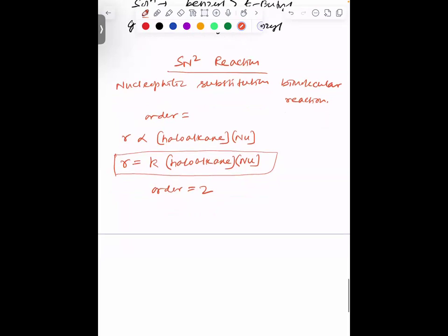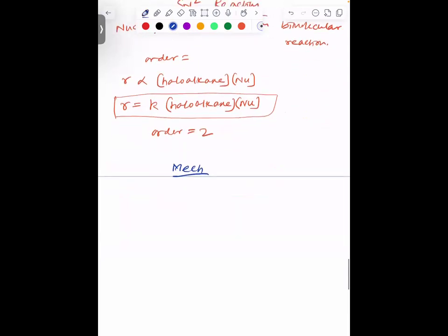Now, SN2 reaction mechanism. If you see the mechanism, it follows a concerted mechanism. So what is the meaning of concerted mechanism?